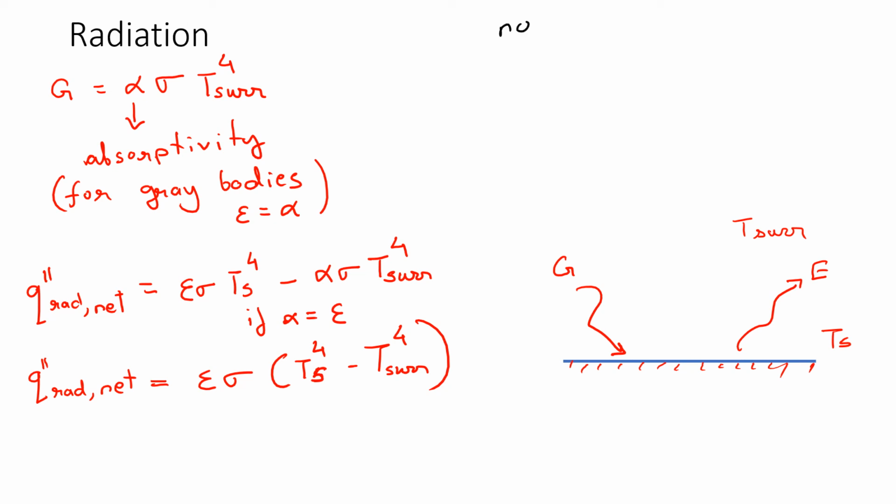Now a thing to note is that the value of epsilon or alpha will always be between 0 and 1. So in the next few chapters we will be learning in detail about conduction, about convection and radiation. So see you in the next video.